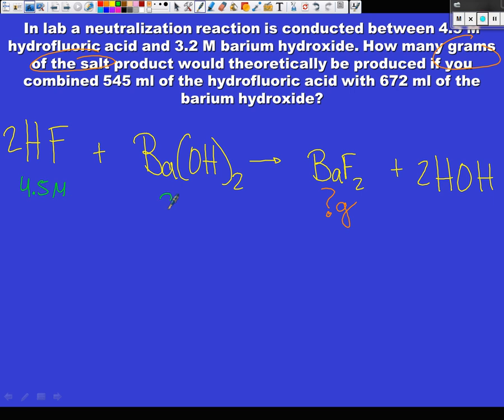And I have 3.2 molar barium hydroxide. Would you agree or disagree? Okay. Now, and then it says you have 450 mils. Now, we've already got concentration, so what can we do with that? Let's get into liters. 0.545 liters.